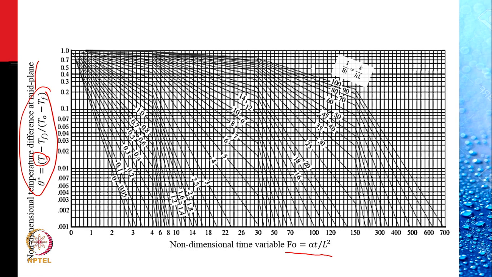So for a given time, I can calculate the Fourier number. I can go up. I go to the relevant value of 1 over Biot number and read the non-dimensional temperature difference at mid plane from this scale, the Heisler charts that you would have done in a course in conduction.